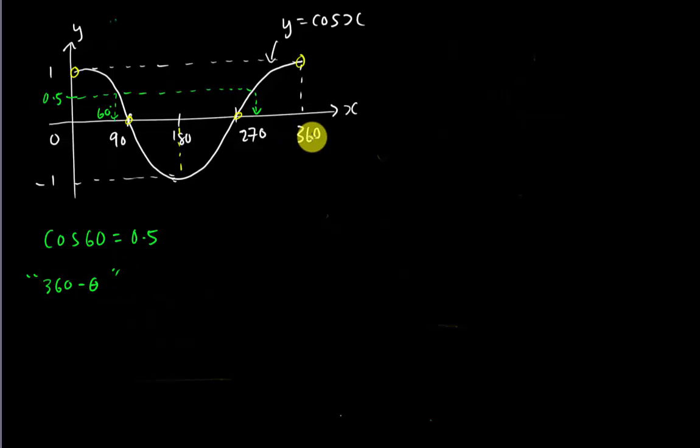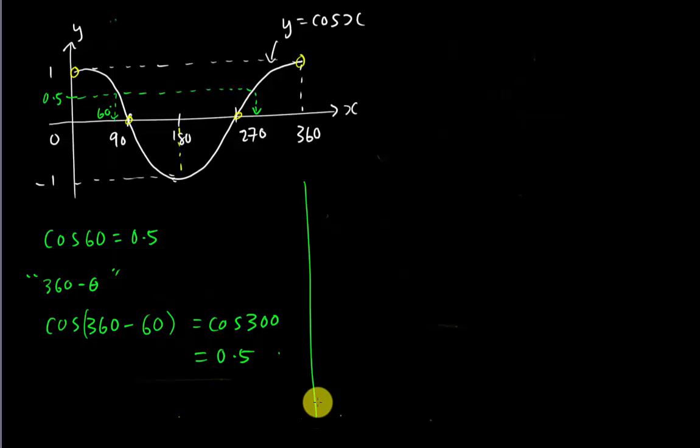So it will be cos 360 minus 60. So cos 300, you will get 0.5 also. So if I ask you cos x equals 0.5, at least you should know two answers. One will be 60. The other one will be 300.